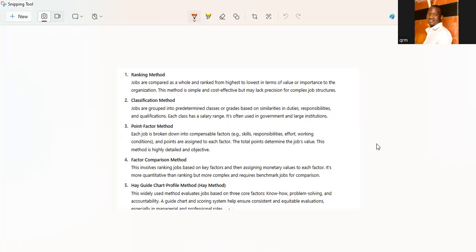Typically it's used for managerial and professional roles, and mostly when we are dealing with technical jobs. It uses a systematic, analytical, quantitative method. It looks at the know-how, what total knowledge somebody has, and problem solving, which measures the complexity of thinking.